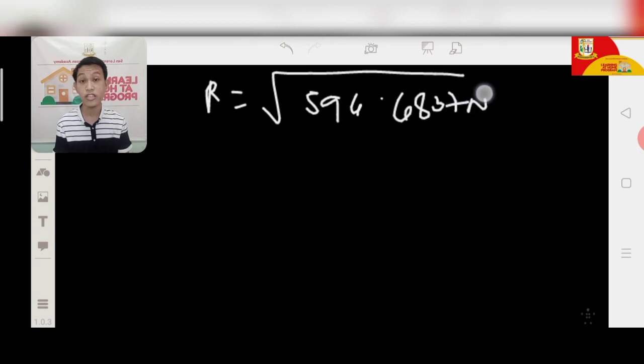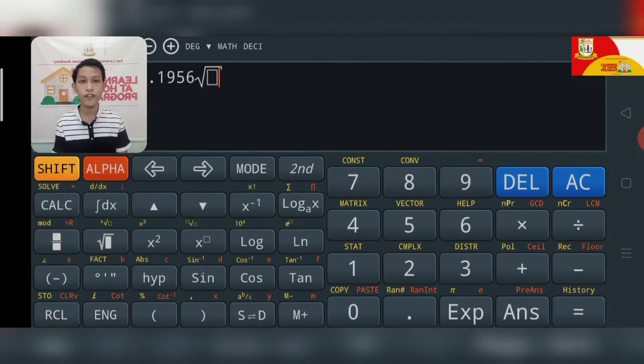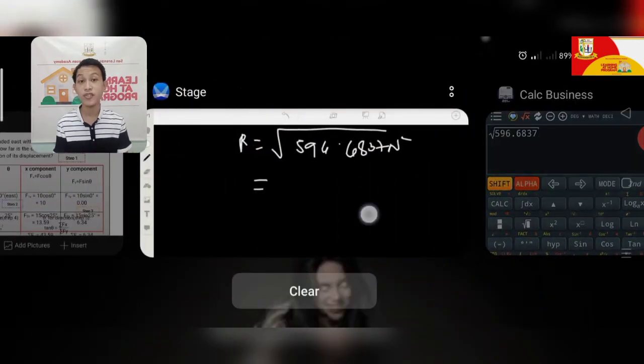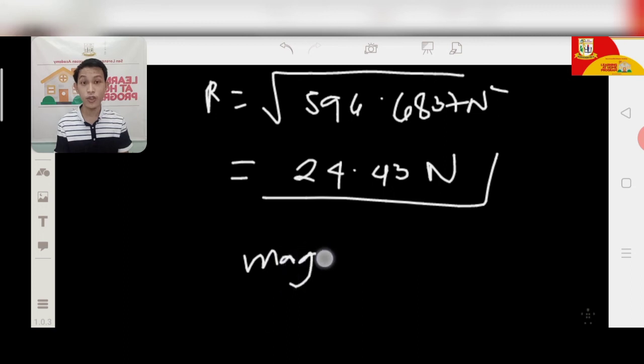Type that in your calculator with a radical sign, and we will get 24.43. That is the magnitude of our resultant vector. Just follow the steps thoroughly and you will always get the correct answer.